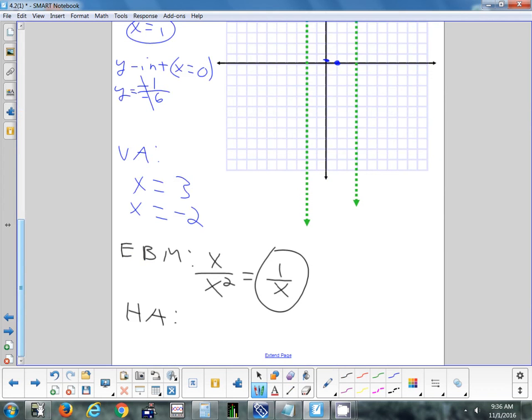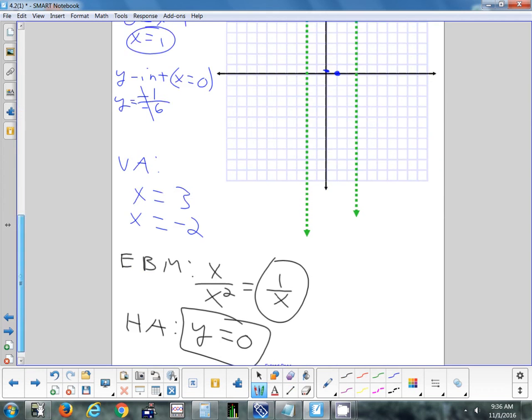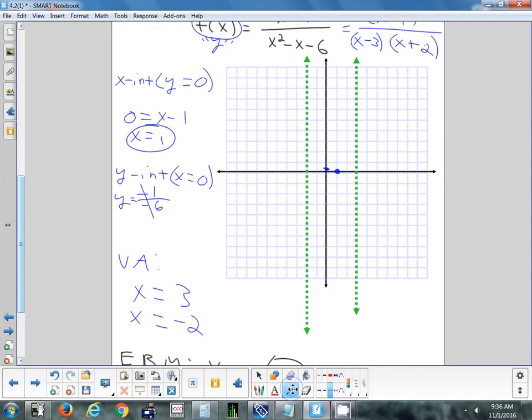Now, let x get really, really big and tell me what number that fraction approaches. 0. Yeah, it will approach 0. That's your horizontal asymptote. Okay, so draw that in.